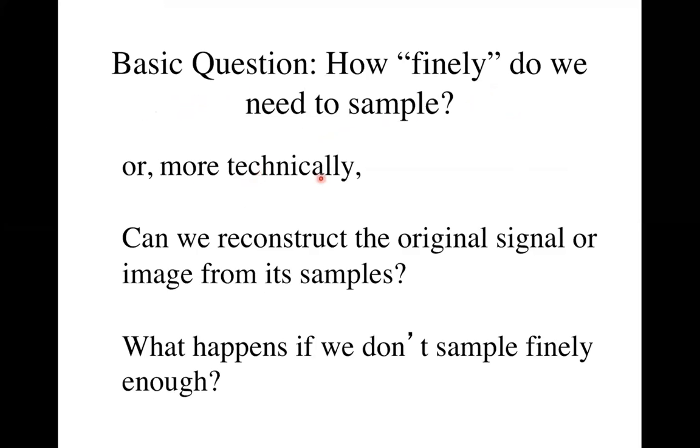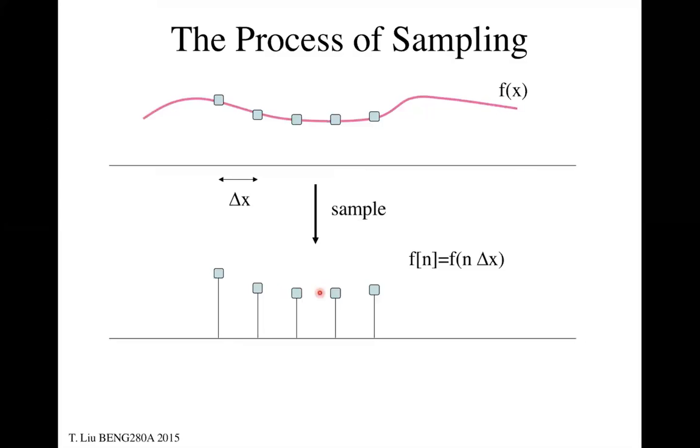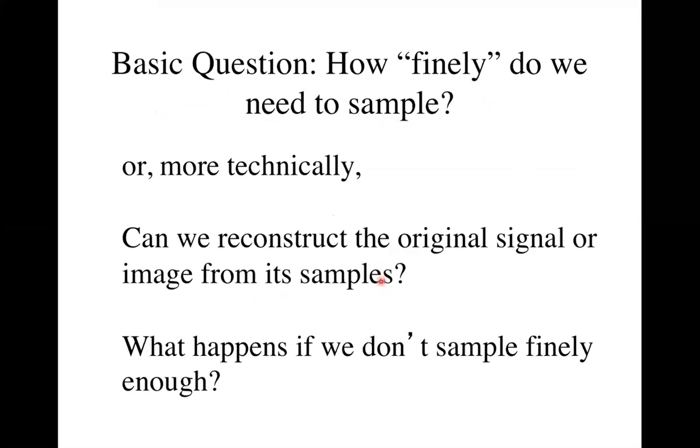So a more technical way of asking this question is, can we reconstruct the original continuous signal or the original continuous image from its discrete samples? So given just this sequence of numbers, this list of numbers, can I give you back this function? That's one way of asking that question. And then what are the consequences if you don't sample it well enough?